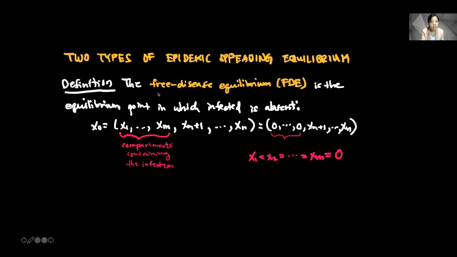And it is a disease-free equilibrium if the compartments containing the infection are equivalent to 0.